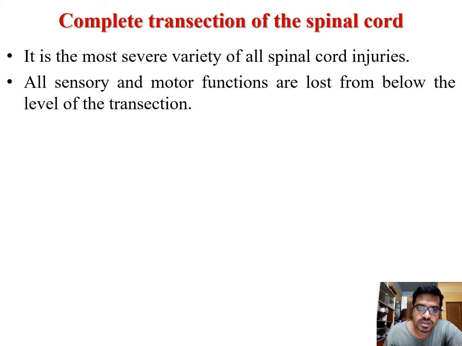The description of a complete transection of the spinal cord actually depends upon the timing from the injury, because there are different stages of a complete transection of a spinal cord.